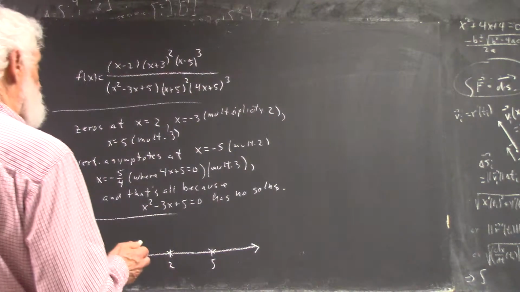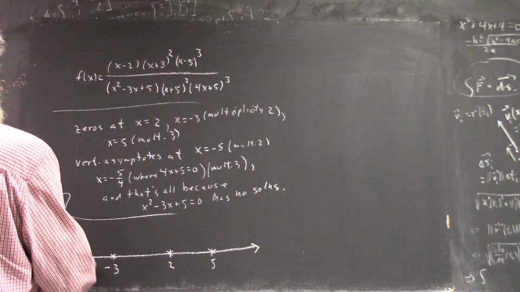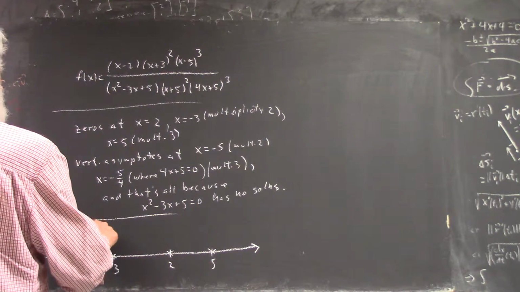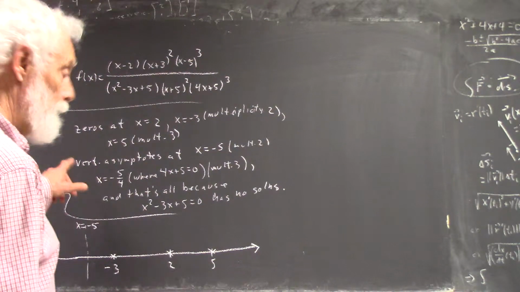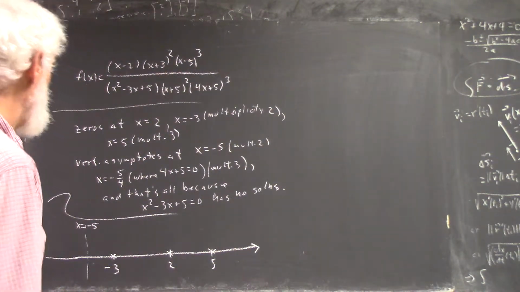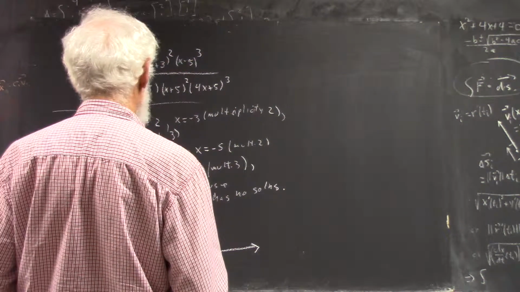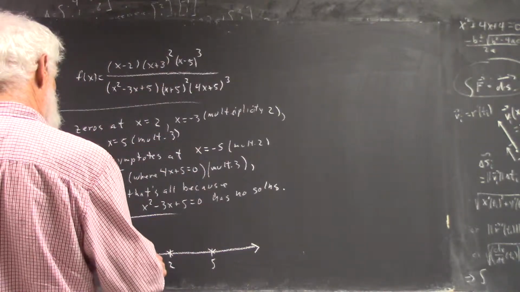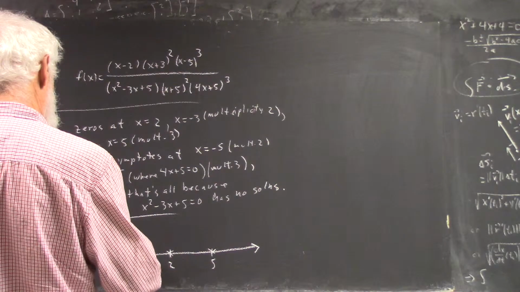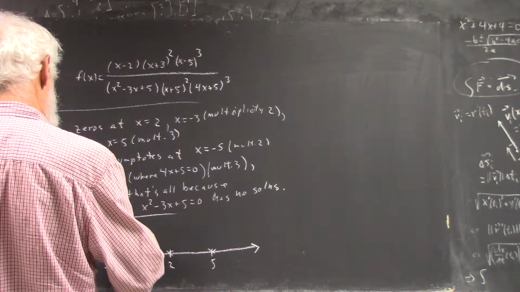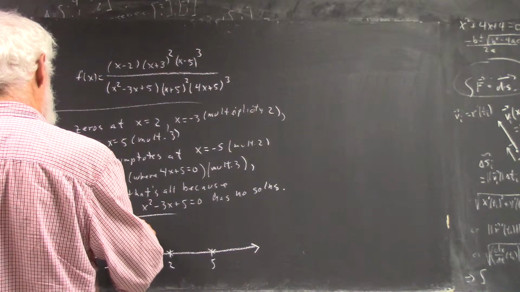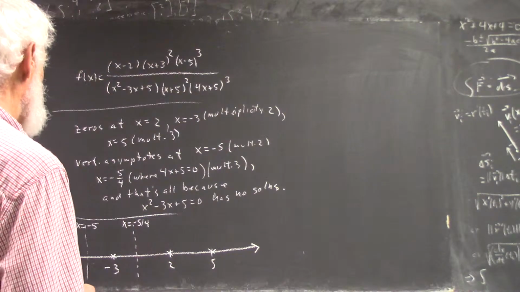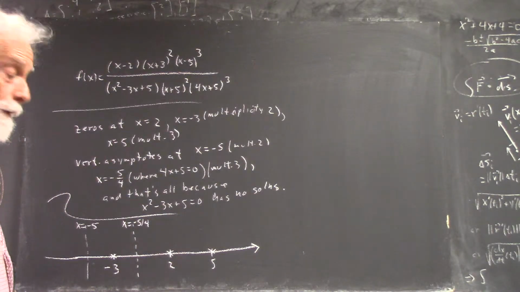And then our vertical asymptotes at x equals negative 5. So here's x equals negative 5. There's the line x equals negative 5. Going to have a vertical asymptote there. Okay? At x equals negative 5/4. Well, negative 5/4 is a little less than negative 1. That's 2, so negative 1 would be here. I'm going to say x equals negative 5/4. And that's it. So that's not too bad.